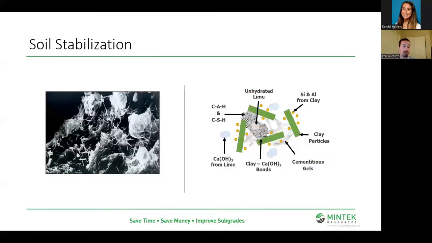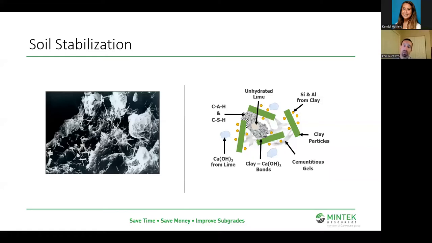So we talk soil drying, soil modification, onto soil stabilization. This is where we're looking at the long-term, the permanent stability, those pozzolanic reactions that are coming from the pozzolan-rich environment that helps us form cementitious bonds over time. So speaking about quicklime here, it's an alkaline material.